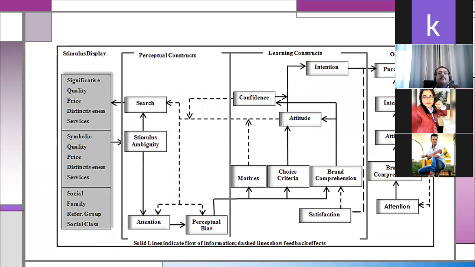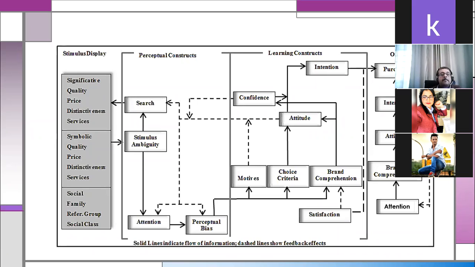Sir, first of all, this model is more complicated than all the previous models which we discussed. Okay, in what way? Sir, this includes all the complicated stages. This involves all the stages that the consumer goes through while purchasing a product. Okay, so what were the stages that were not there in the Nicosia model?